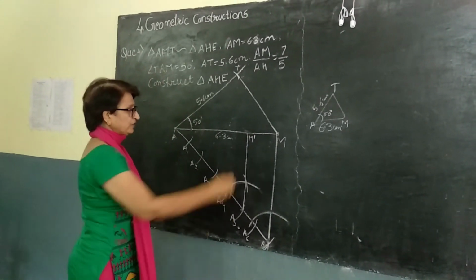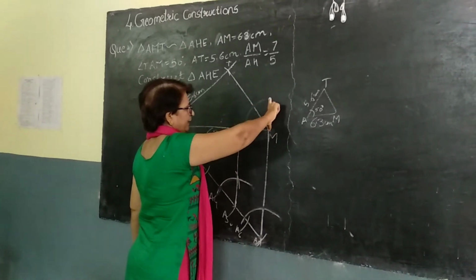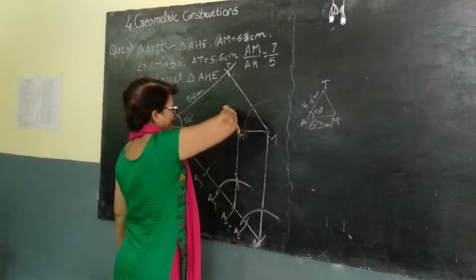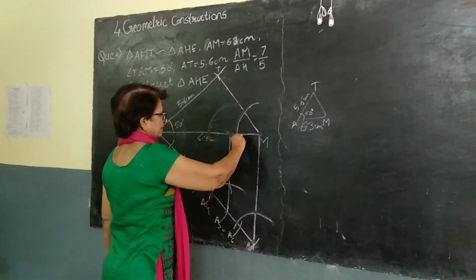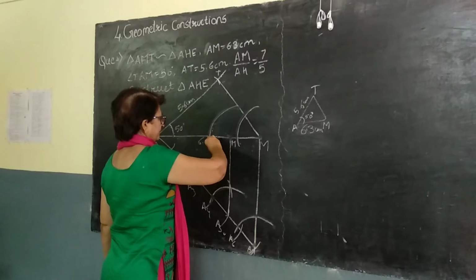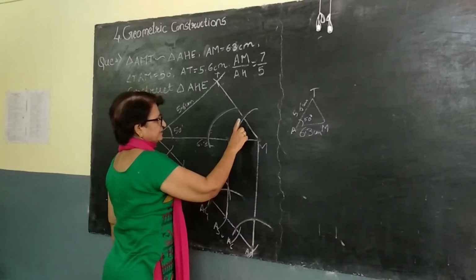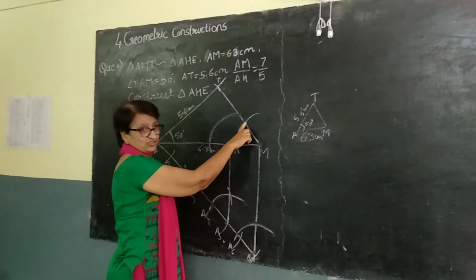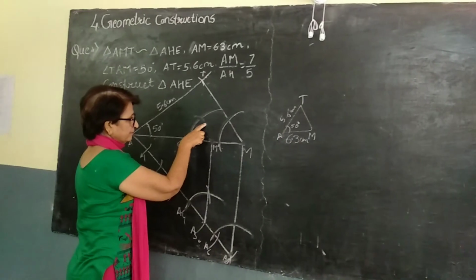Right? Now what I am going to do from point M? Put the compass point here, draw an arc, lift it from M dash also. I am going to draw an arc like this. Right? Then again I will take this distance, the arc which is cutting the two lines, lift it, place it here, cut it.